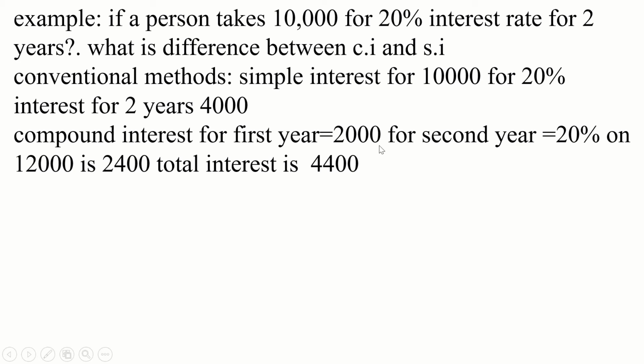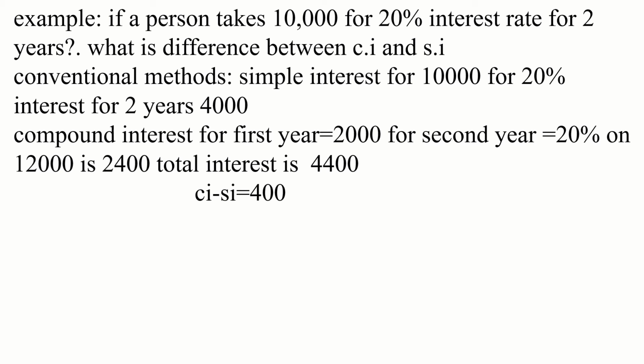Remember this point. If we calculate the interest for this 2000 also, we get 400 extra. That is 4400. So the difference is simply 400. So by seeing this, you can say a simple thing.